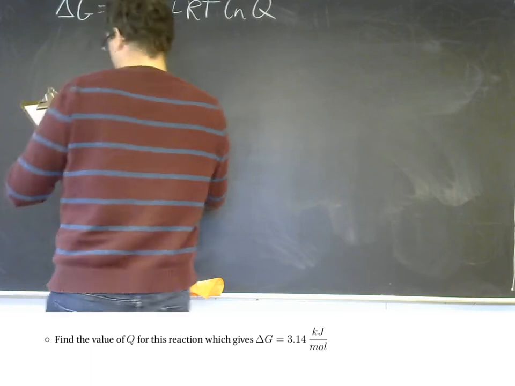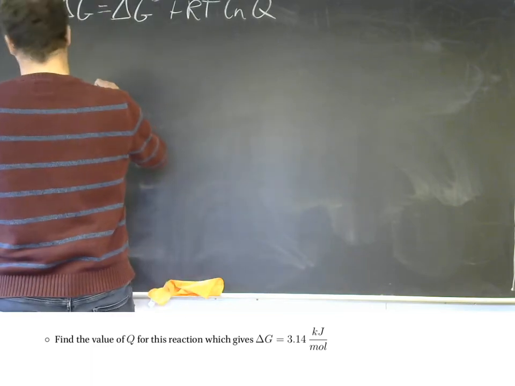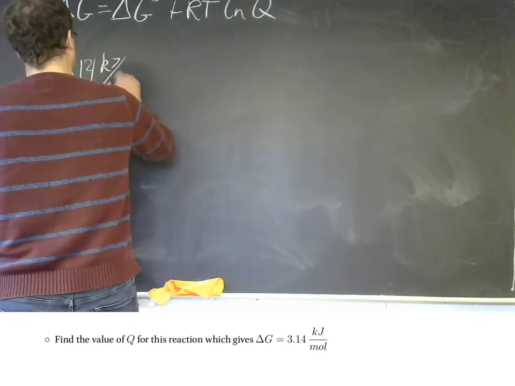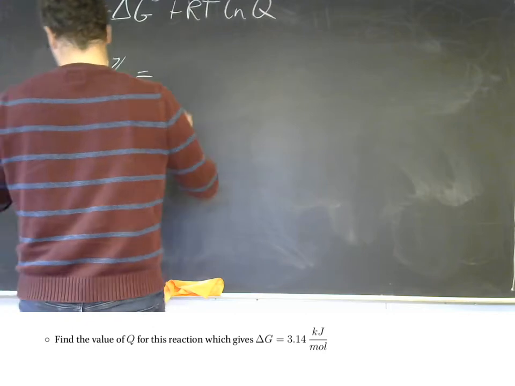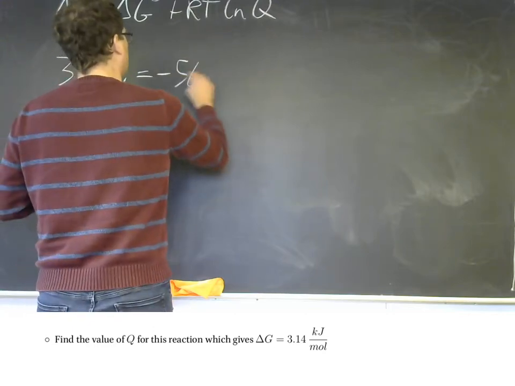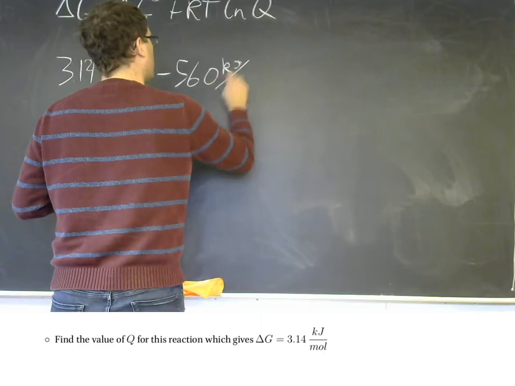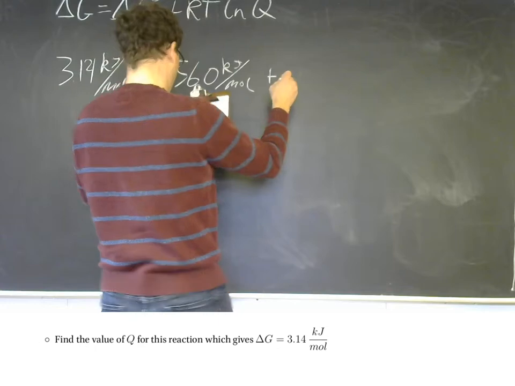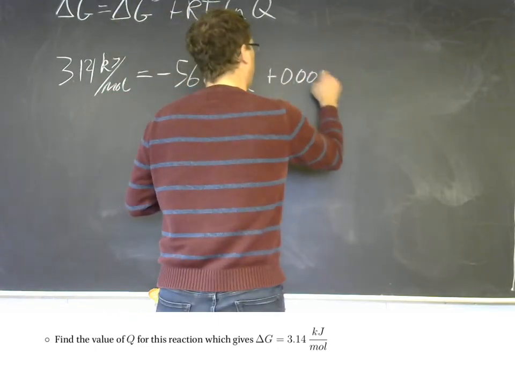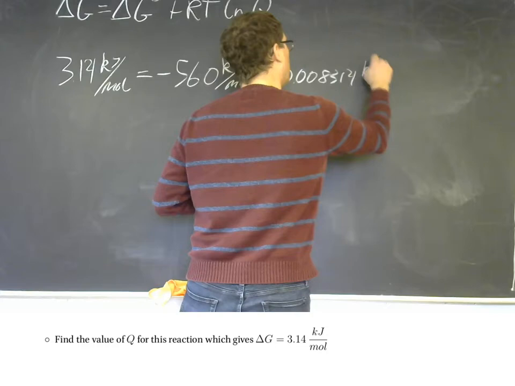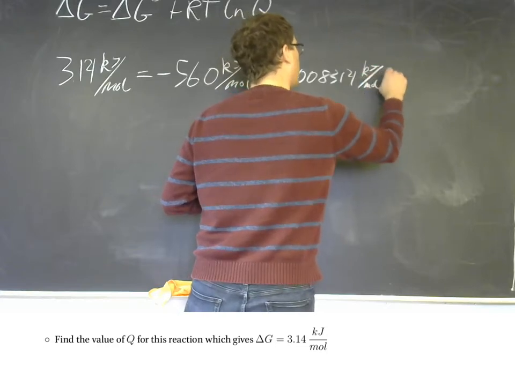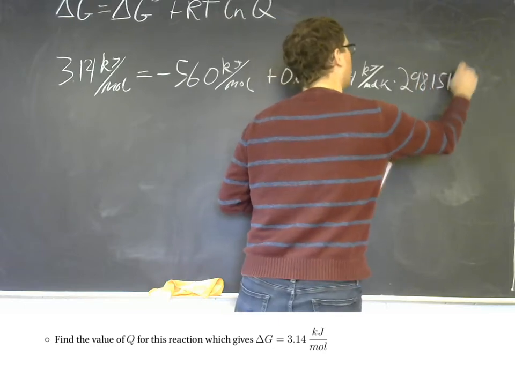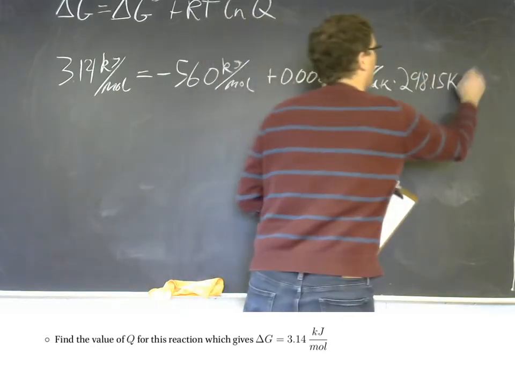We have 3.14 kilojoules per mole is equal to negative 56.0 kilojoules per mole plus 0.008314 kilojoules per mole Kelvin times 298.15 Kelvin times the natural log of Q.